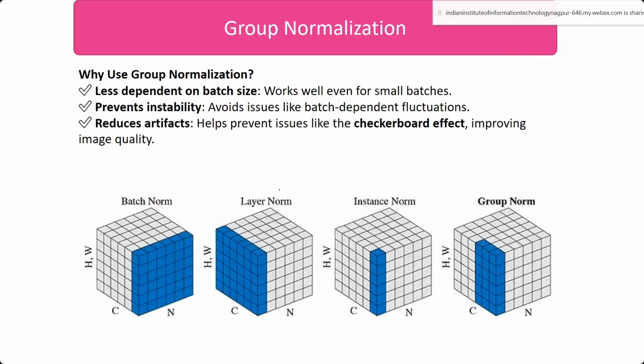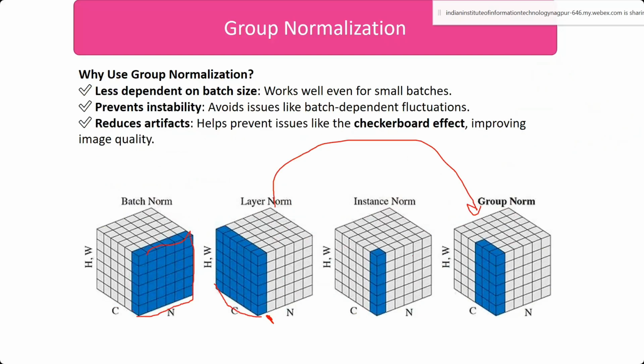Now we will see this diagram. This is a batch. You consider a single channel for all 28 images in one batch, calculate the mu and sigma, and accordingly you normalize. Now in layer normalization, you focus on a single sample. You consider all channels, take all channel values, calculate mu and sigma, and then normalize the data.